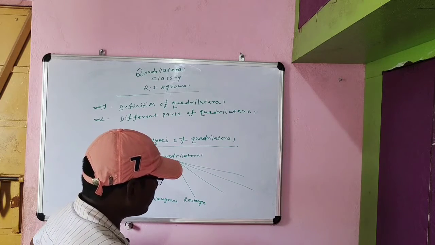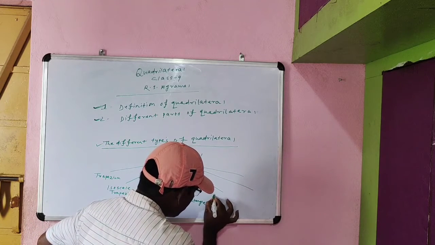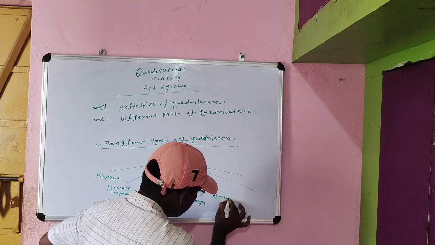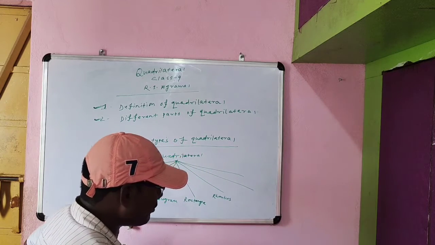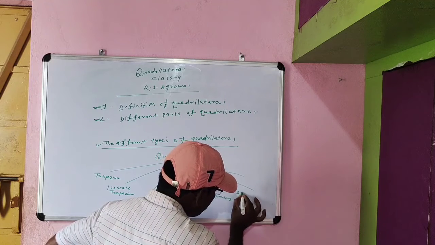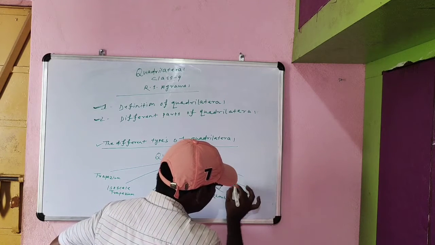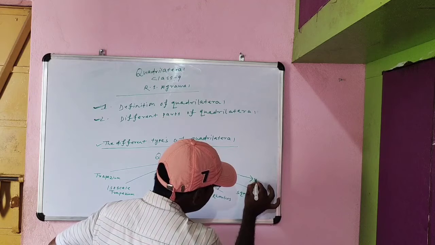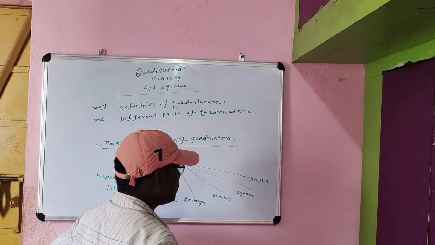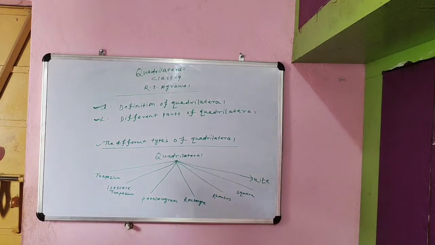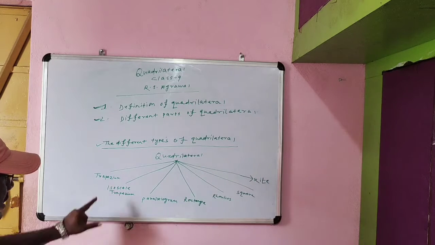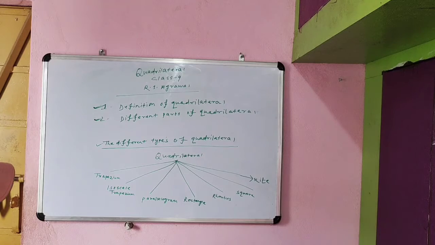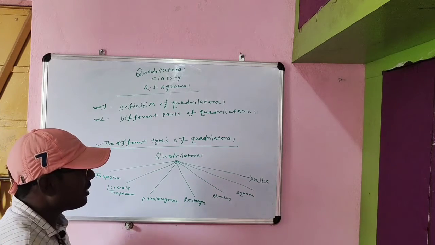The fifth type is rhombus. The sixth type is square, and the seventh type is kite. So there are 7 types of quadrilaterals in all: trapezium, isosceles trapezium, parallelogram, rectangle, rhombus, square, and kite.